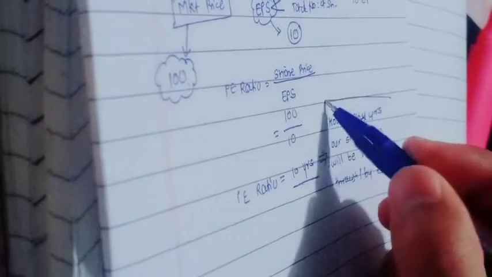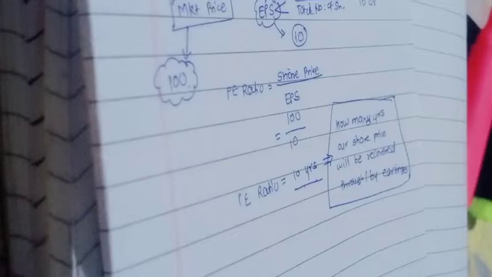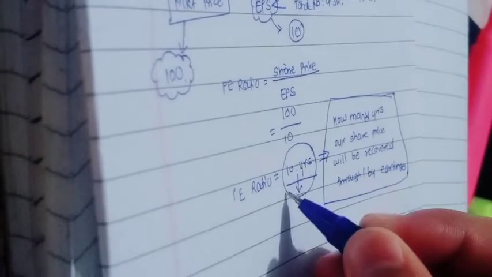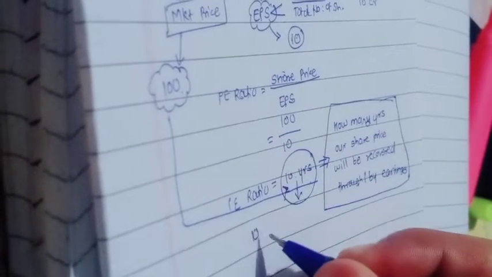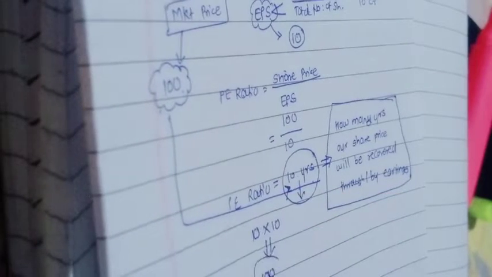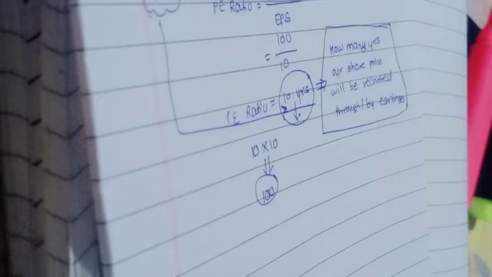Here it is 10 years, meaning after 10 years our share price of rupees 100 will be recovered, as we are earning 10 rupees for 10 years. So the price of rupees 100 will be recovered after 10 years. This is the logic of the PE ratio.